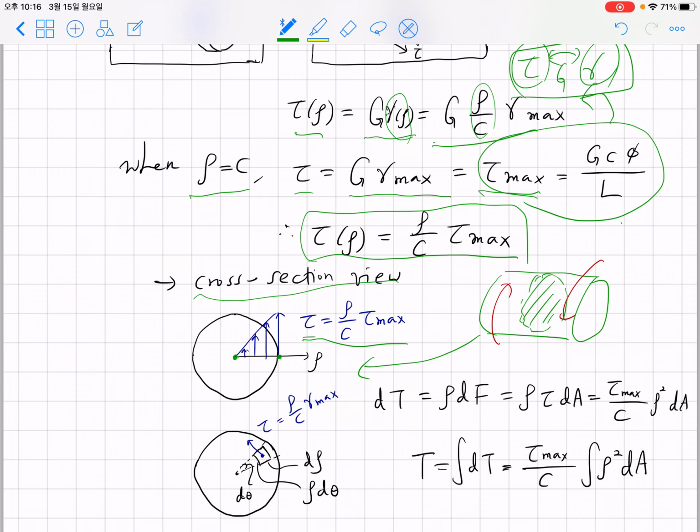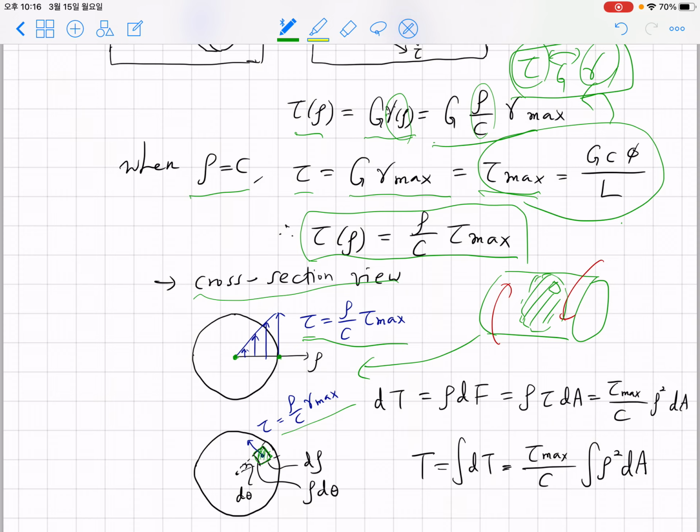Now, if you want to obtain the relationship for the tau applied on each plane, you have to obtain the infinitesimal torsion due to this tau. Tau, which is a force per unit area, is given as rho over C times gamma max at this specific area.